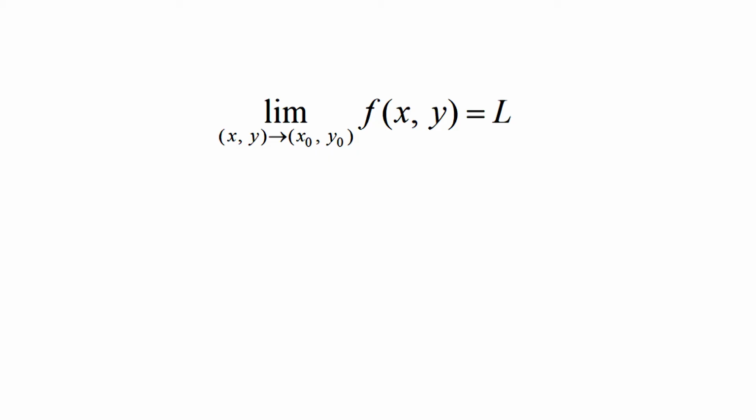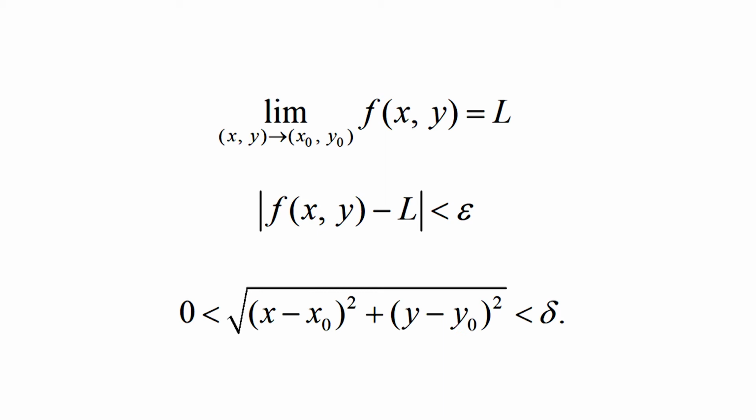The limit as (x, y) approaches (x₀, y₀) of f(x, y) is equal to L if for every number epsilon greater than 0 there exists a corresponding number delta greater than 0 such that f(x, y) satisfies |f(x, y) − L| < epsilon whenever the distance between (x, y) and (x₀, y₀) satisfies 0 < √((x − x₀)² + (y − y₀)²) < delta.